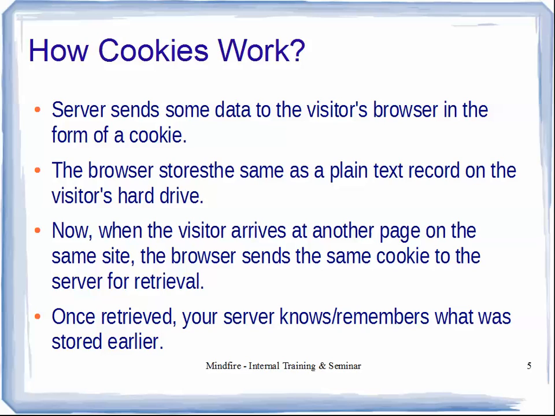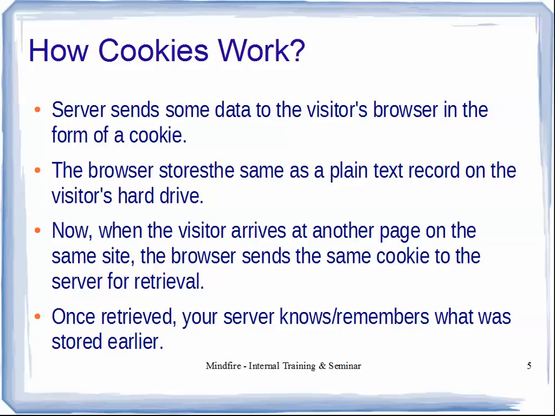The browser stores them as text records only, and those cookies are available for that specific domain, or a specific path of that domain, if that is defined while defining that cookie. That same domain can access that cookie on successive visits, right?